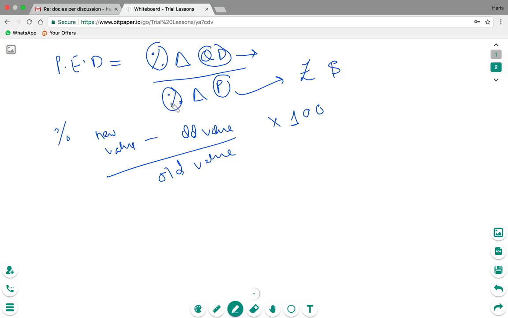Notice also here that the price elasticity of demand is different to the gradient or the slope of the line. So for example, we know in mathematics that when a line is more vertical, the gradient of the line is higher, it has a higher number as compared to a line which is flatter. Elasticity of demand is the opposite.